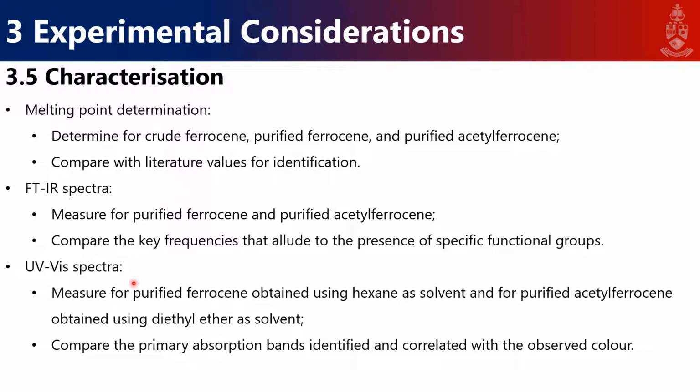And then UV-Vis, see what the differences are between your ferrocene and your purified acetylferrocene, once again just comparing your primary absorption bands and then correlating them with the color, so orange and red.